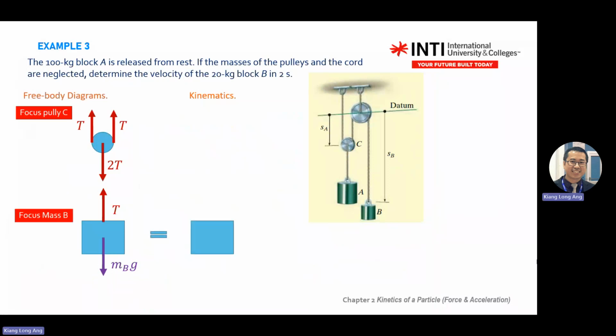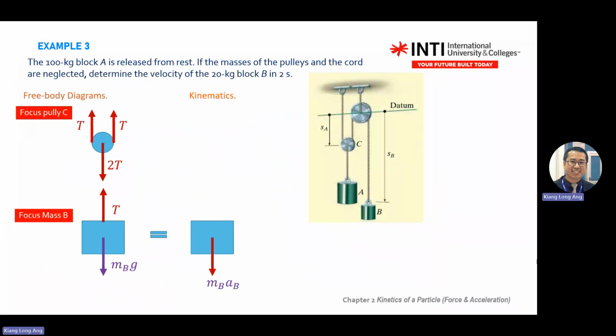So do the same, F equal to MA. On the left-hand side, all the forces: we only have tension, cable, and weight. Right-hand side is the motion. So B, in this case, we assume goes down. In chapter 2, you just see it as one body, and then when you let go, what happens to the body?